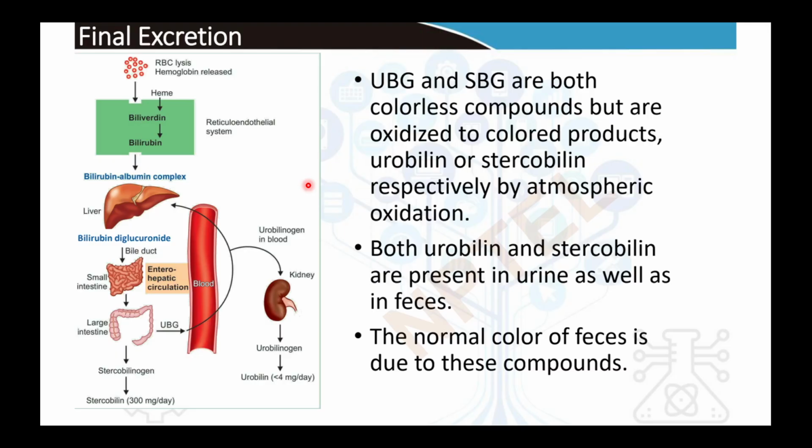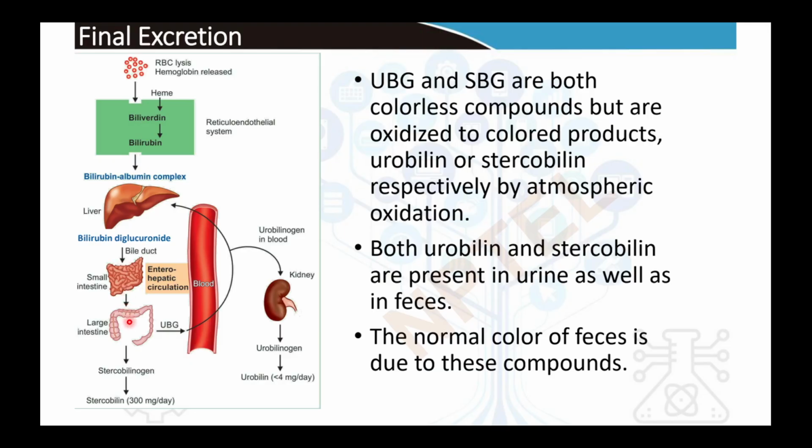So in this final excretion process, the bilirubin, which was bound to albumin, is carried to the liver, and from the liver it gets converted into bilirubin diglucuronide, and it enters the bile ducts.